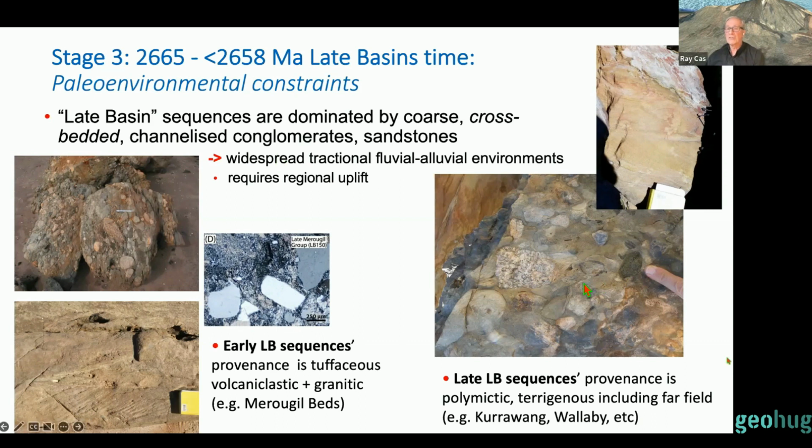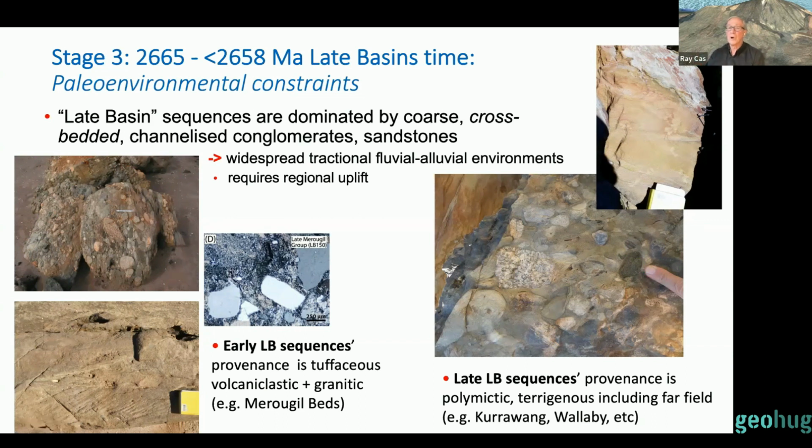And then the late basin sequence, which is typical of much of the late basin sequences in the Kalgoorlie Terrane and the Kurnalpi terranes, are very different in that they're very polymictic. So that means that you've got all kinds of clast types, including granitoids, including in places metasedimentary, including BIF clasts in places, including felsic and mafic and ultramafic clasts.